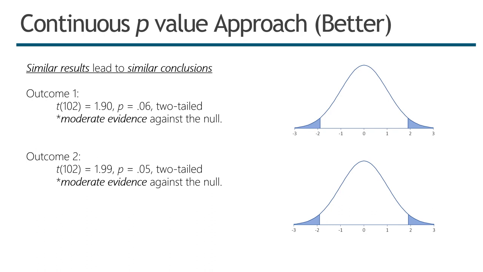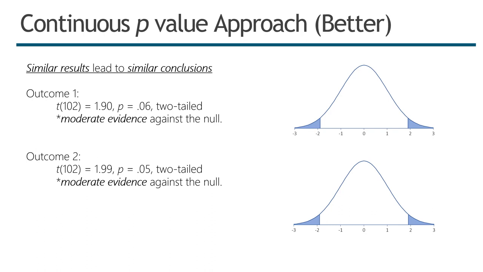Now let's return to some of the previous examples to see if this new approach gives us an advantage over the threshold approach. In outcome 1, we have a p-value of 0.06, and we would conclude that that is moderate evidence against the null. In outcome 2, we have a p-value of 0.05, and we would again conclude that this is moderate evidence against the null.